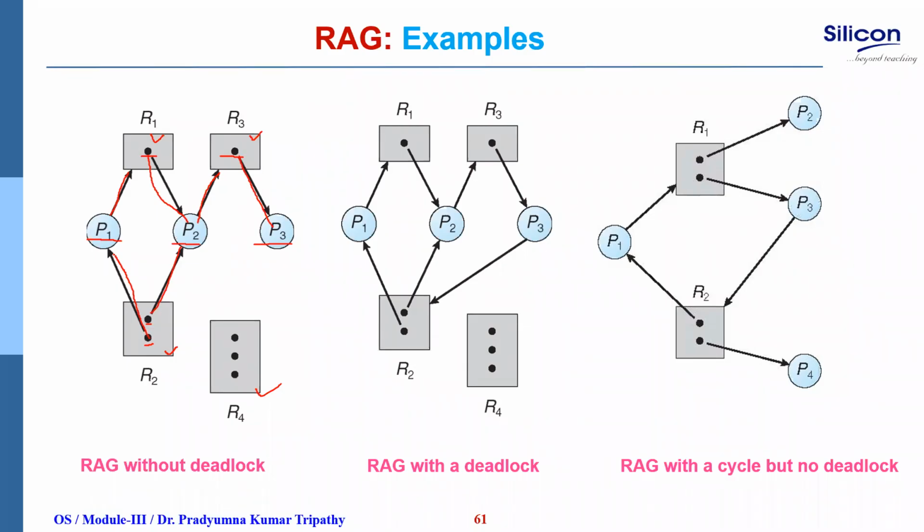First thing is that if all these 4 conditions are satisfied, then it is in deadlock. What are the conditions? Mutual exclusion, hold and wait, no preemption, and circular wait. You can see over here: is there any circular wait in this diagram?